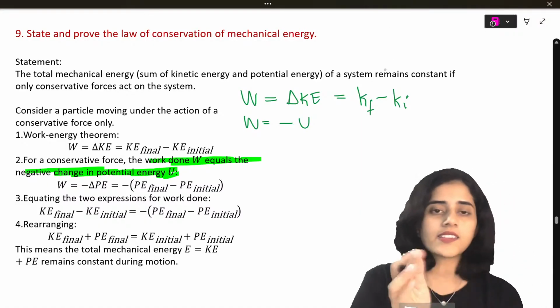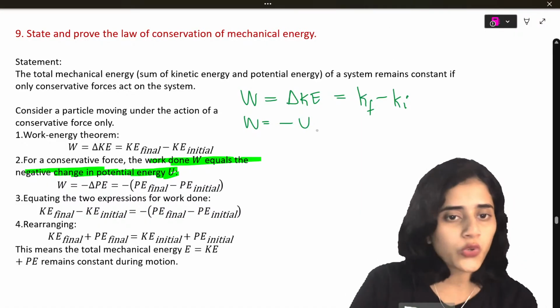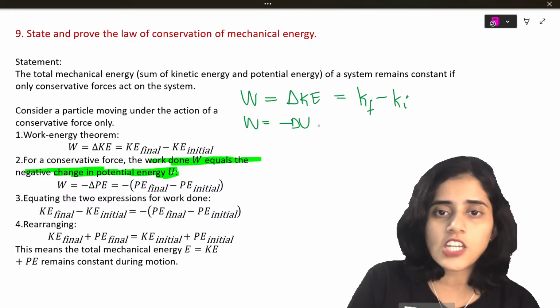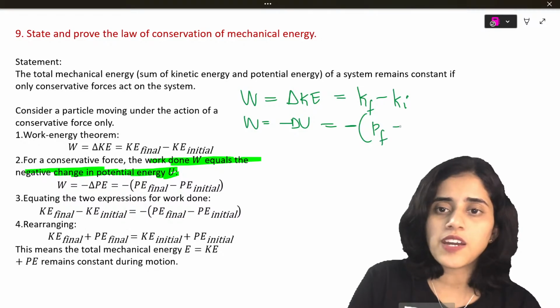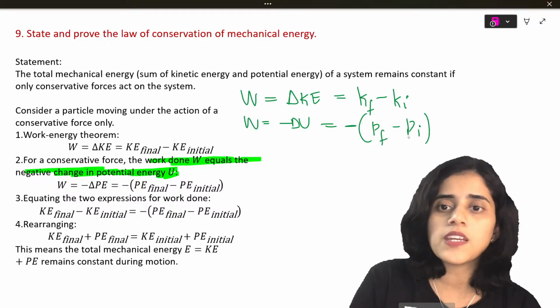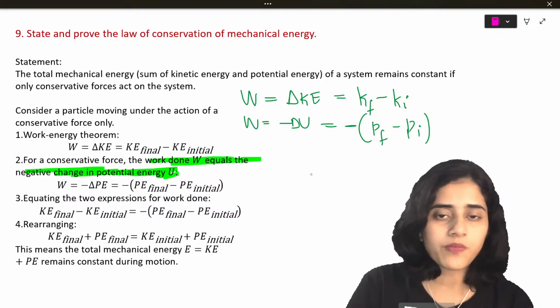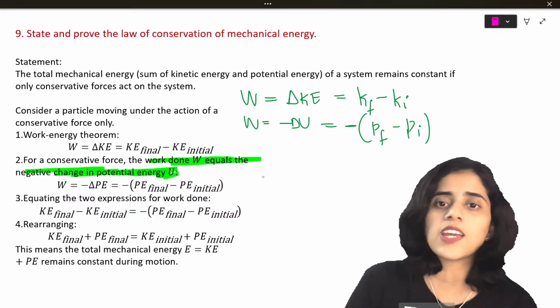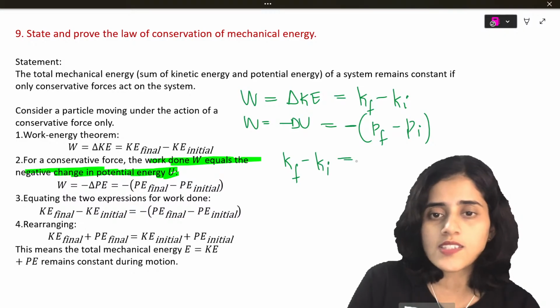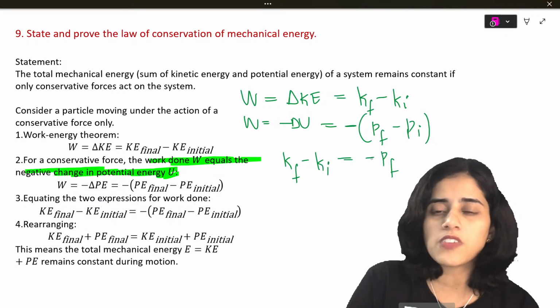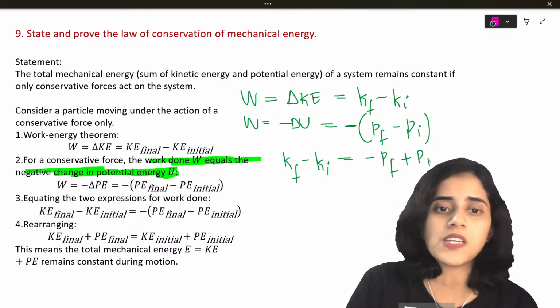So work done is equal to minus delta U, which is minus change in potential energy, which is minus P final minus P initial. Now both are work done, so let's equate them. K final minus K initial is equal to minus P final plus P initial.